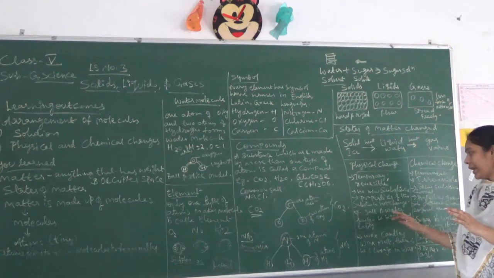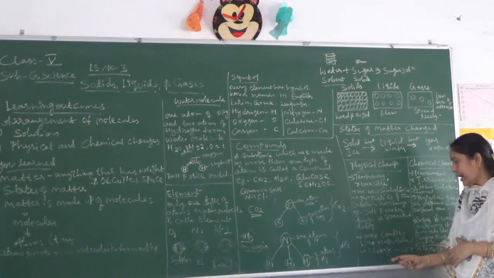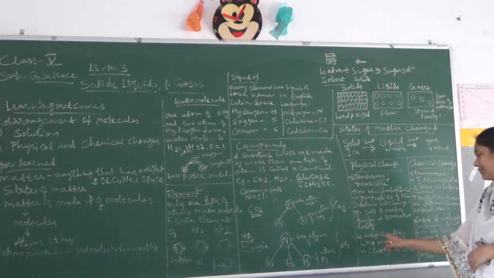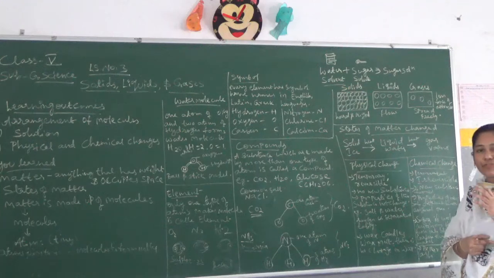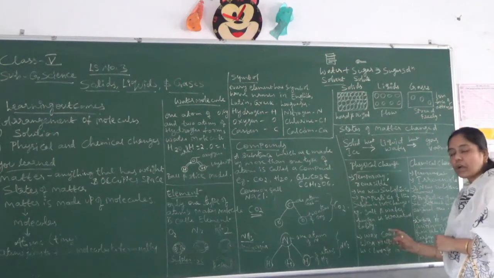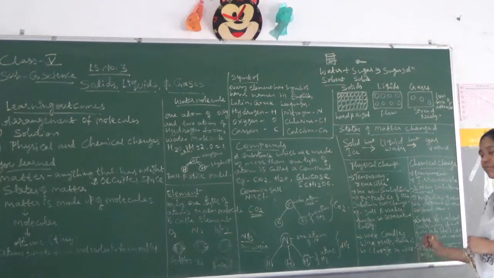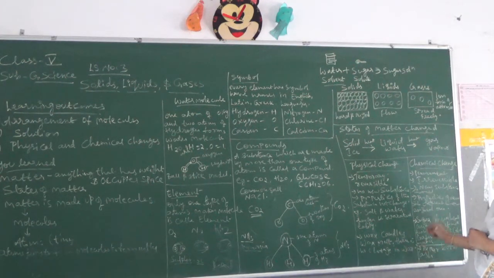So we can separate salt and water easily. One more example is wax candles. If you light a candle, it will start melting, but there is no change in the wax. Understand, children?